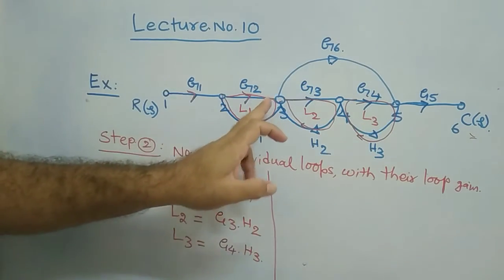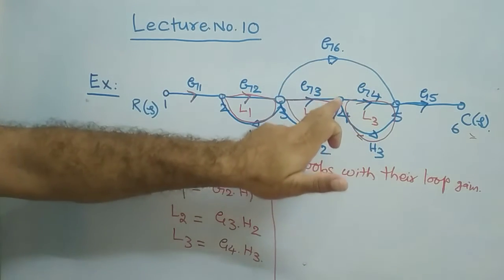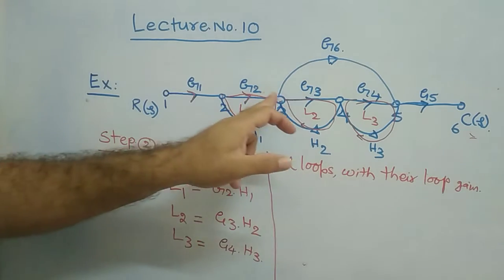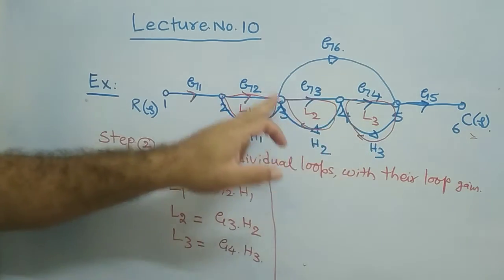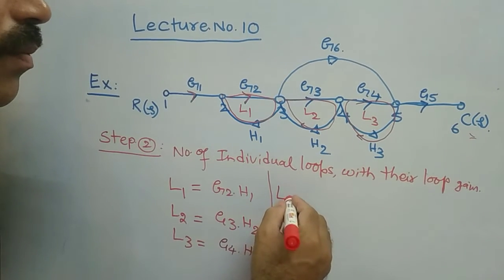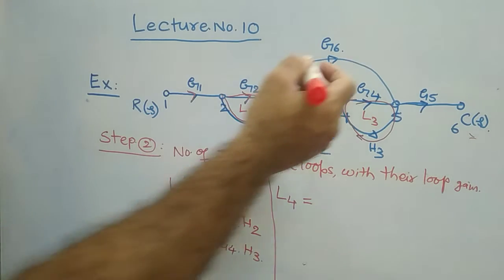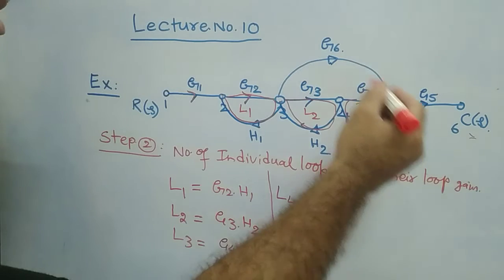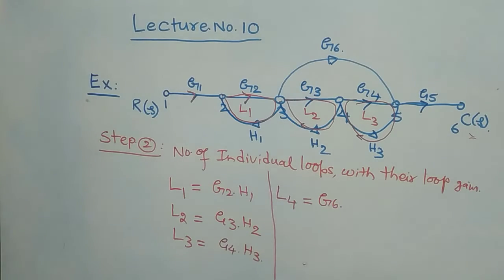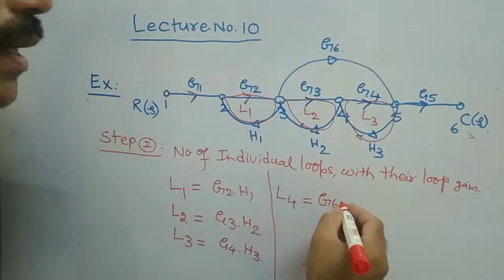The loop starts from this point and goes in this direction. Therefore, this is another individual loop. Then what is the gain? Consider that as L4. L4 is equal to, what is the gain? From 3 to 5, it is G6, into, and from 5 to 4, what is the gain? It is H3.